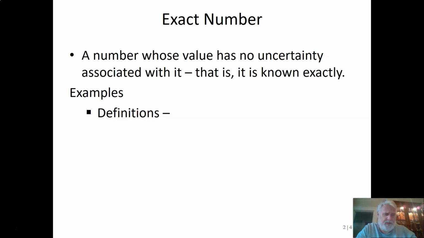So, for example, things that are not measurements: as a definition, 1 foot equals 12 inches. Definition. There are no significant figures. You wouldn't say 1 foot has significant figures, or 100 centimeters in 1 meter. That's an infinite number of significant figures, if you will. They are exact.